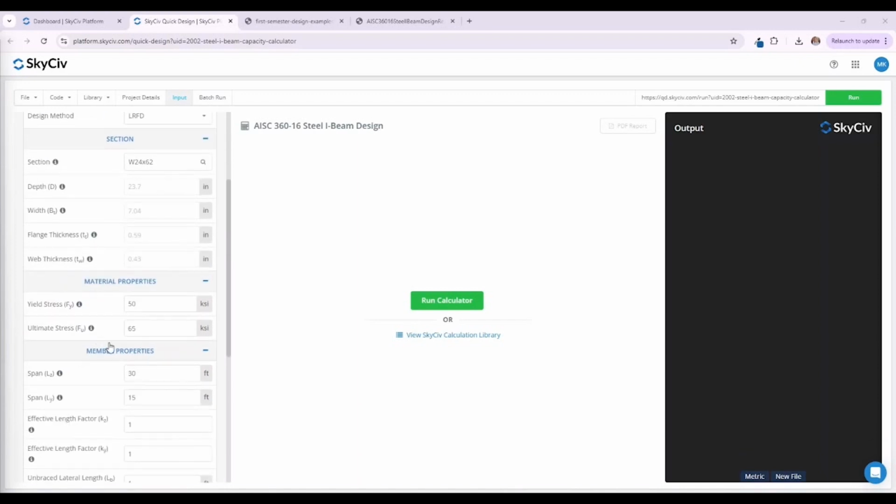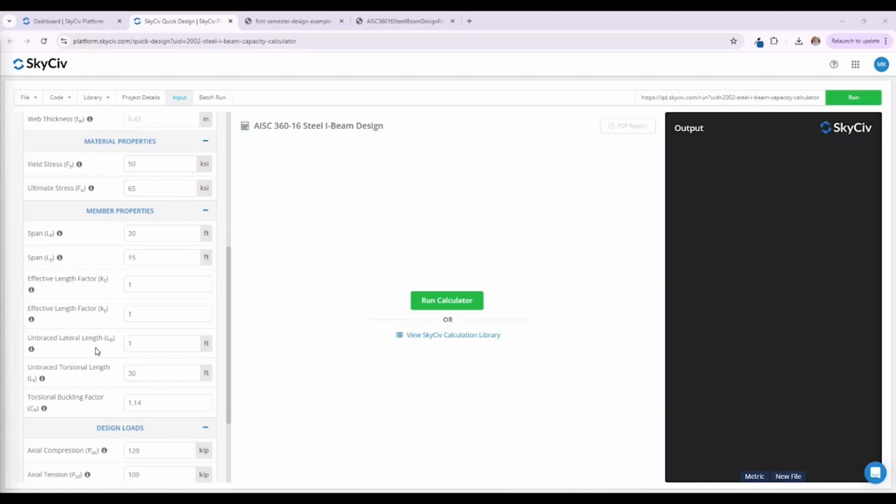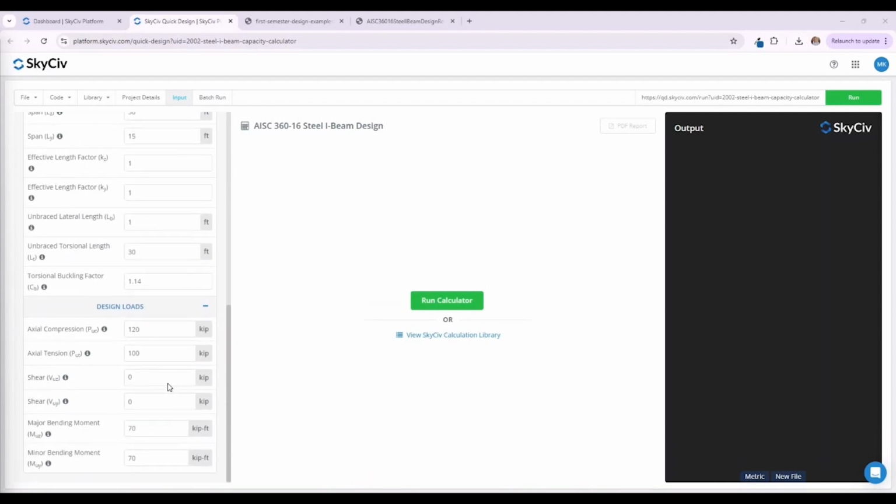The design example did not give us any information about the span properties of the member, so I am going to just leave the default values of 30 feet for the unbraced length in the strong axis and 15 feet for the unbraced length in the weak axis. The design example did not have any design loads besides the strong axis shear force of 290 kips.